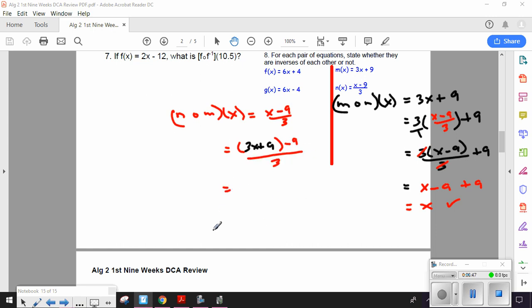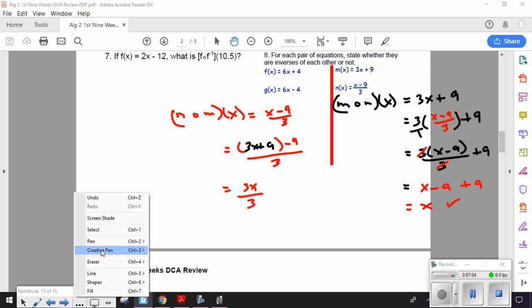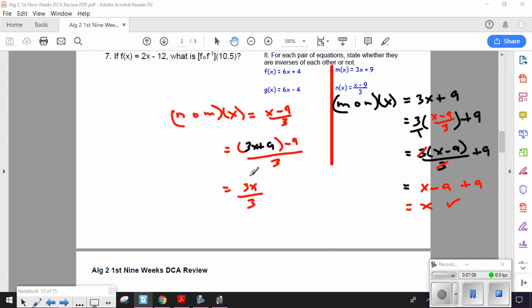Now let's simplify it. So I have 3x plus 9, then minus 9. So that would give me 3x at the top. Then I have 3x divided by 3. My 3's cancel and leave me with x.